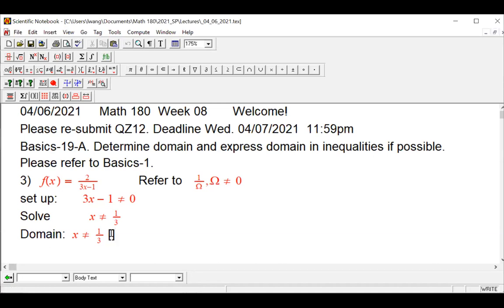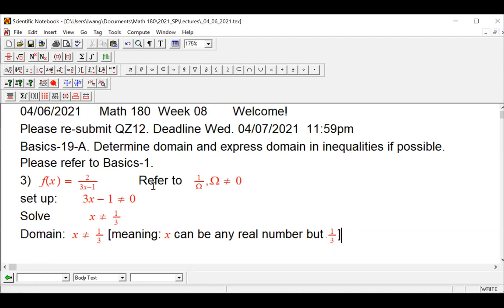We write this in shorthand notation, but the meaning is x can be any real number but 1/3. You take that away. All right, so this is how you determine domain.